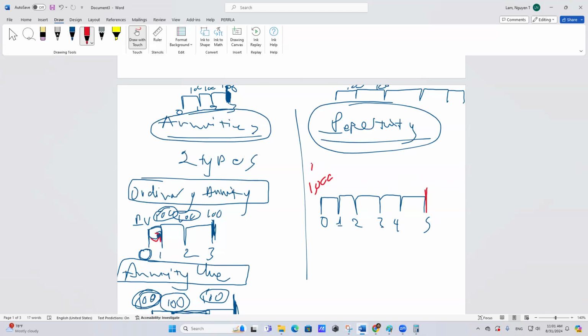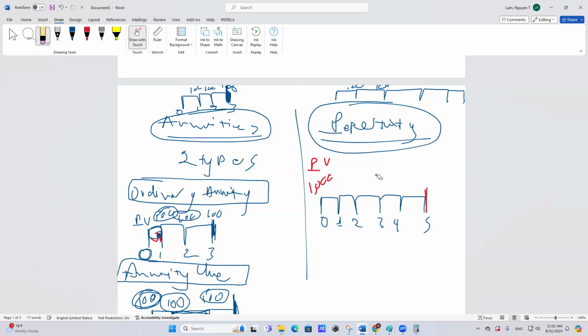You put PV as 1,000, FV is right here, the number of periods is 5, and then you put in the interest rate. Let's say the interest rate is 10%. Then you can find FV.